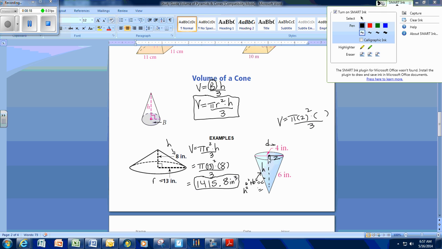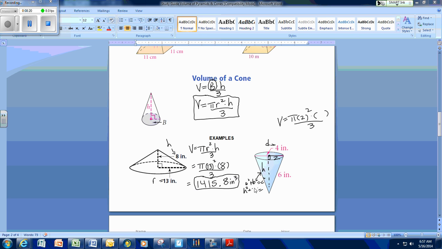Check that. h and 2 would be the two legs, so it'd be 2 squared, and then c is the hypotenuse over here, 6 squared. So I'm going to go ahead and calculate that out and try to get my height. In radical form, not simplified, it would be the square root of 32. I'll leave it as that, so I don't have to worry about writing down decimals.